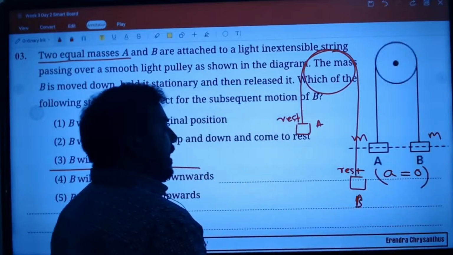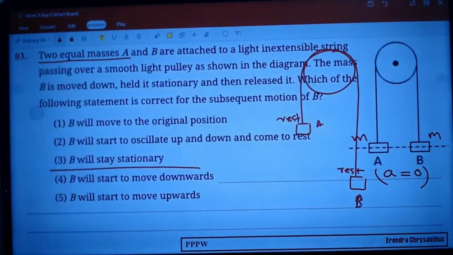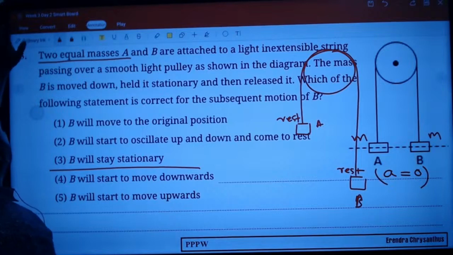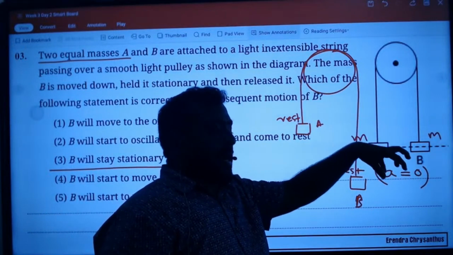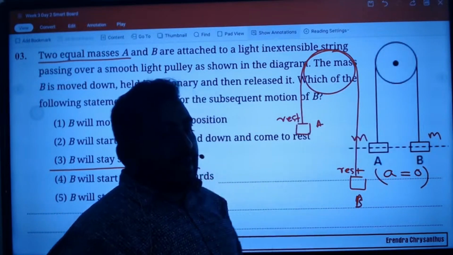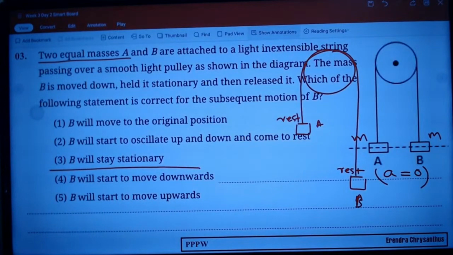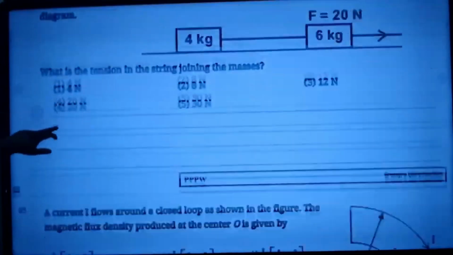Therefore, it will remain at rest. If resultant acceleration is 0, the object will remain at rest. No change.